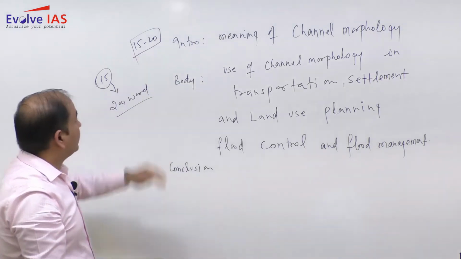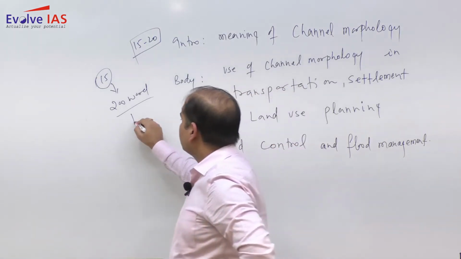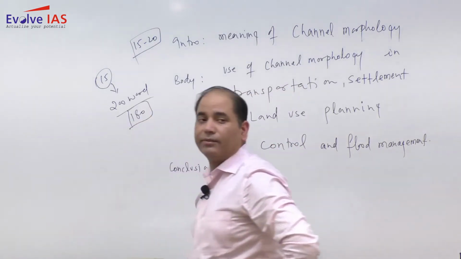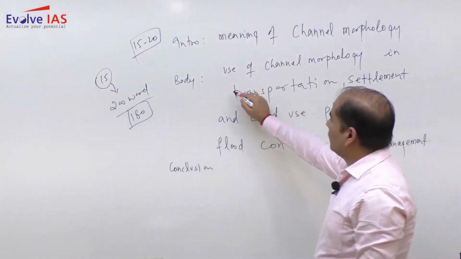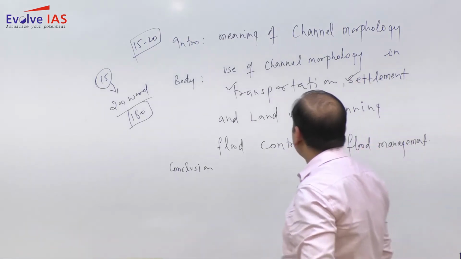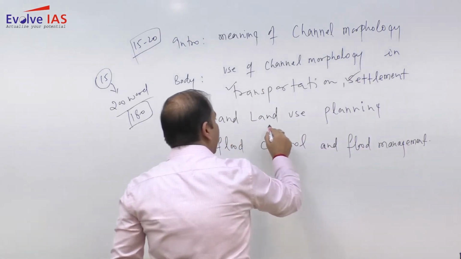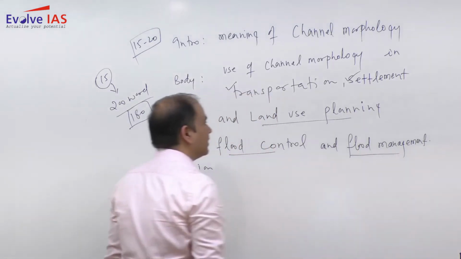So if you write a 15-20 word introduction, then you are left with not more than 170-180 words. Now in these 180 words you need to focus that you have to tackle transportation, settlement, land use planning, flood control, and flood management.